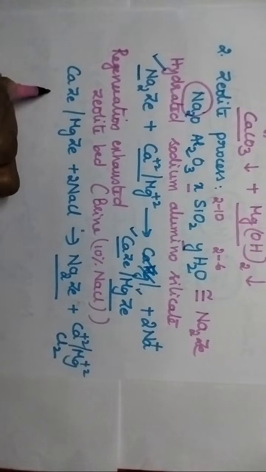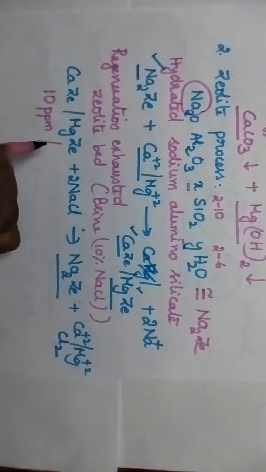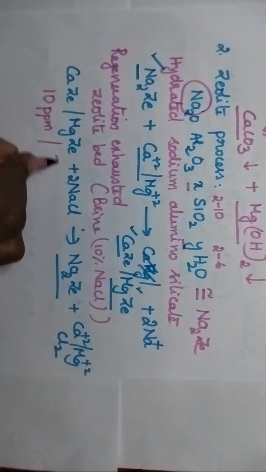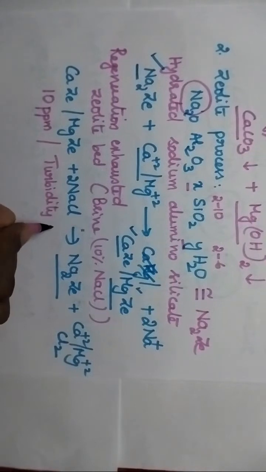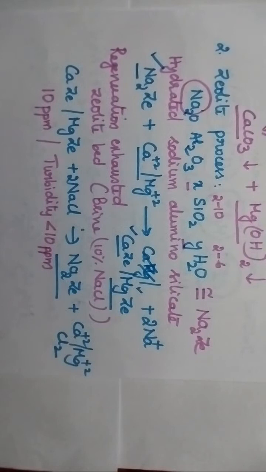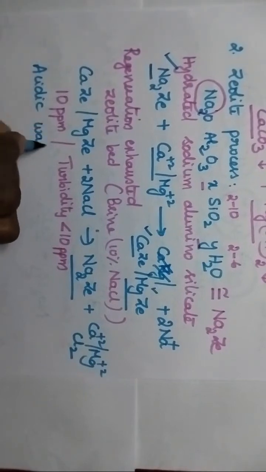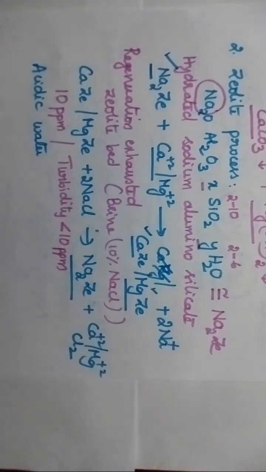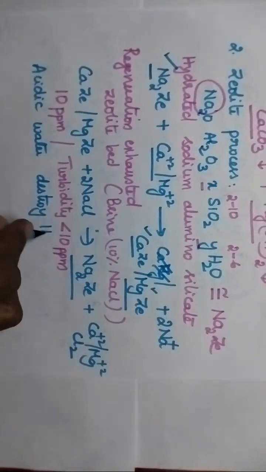This method is highly useful for the removal of hardness up to 10 ppm. Here the zeolite bed is porous in nature, that's why turbidity of water should be less than 10 ppm. Also, whenever acidic water is passed through the zeolite bed, acidic water will destroy the zeolite bed.